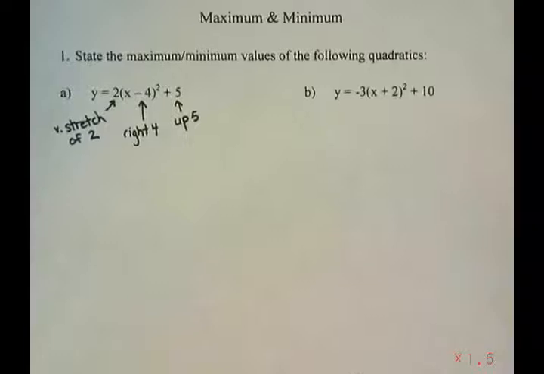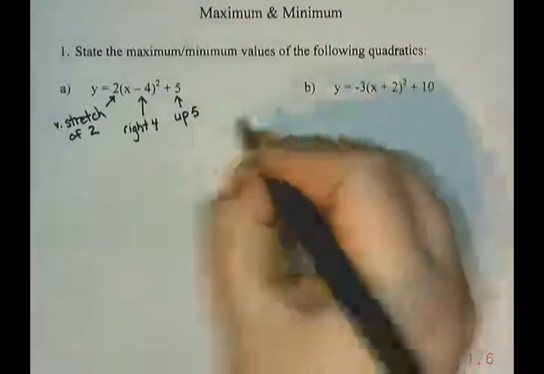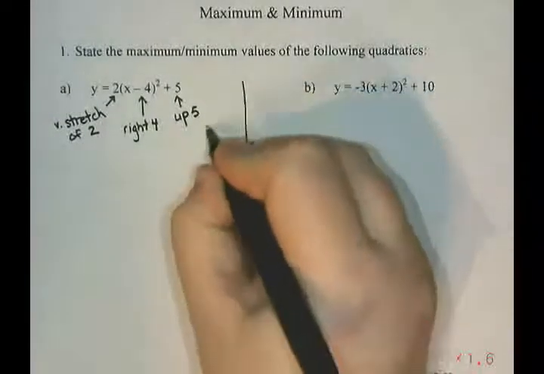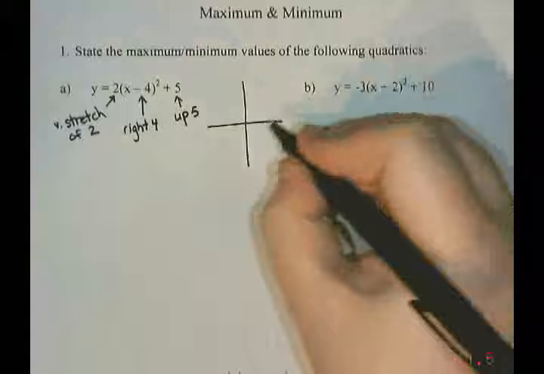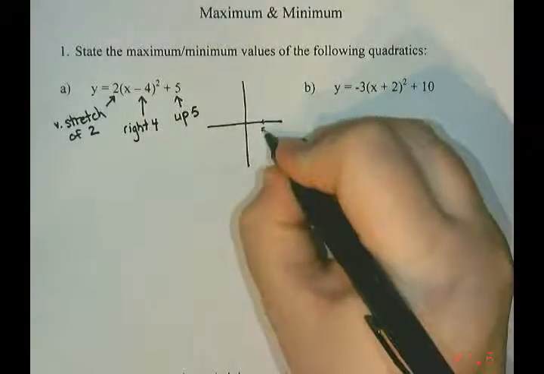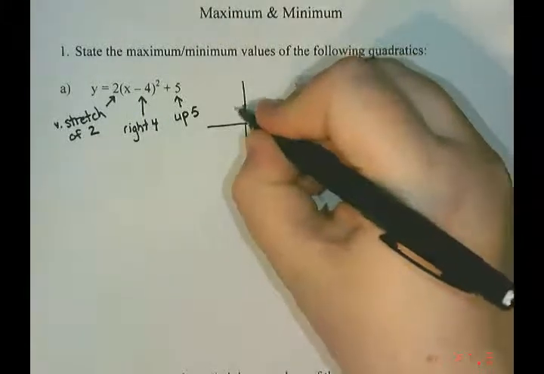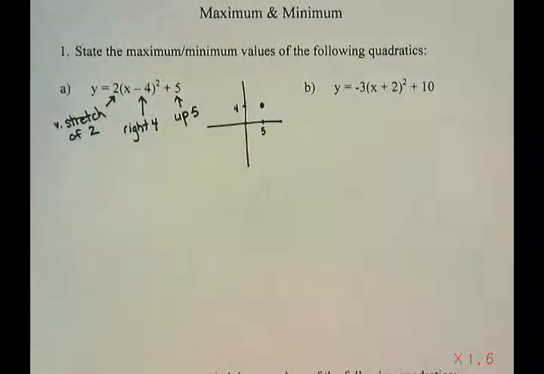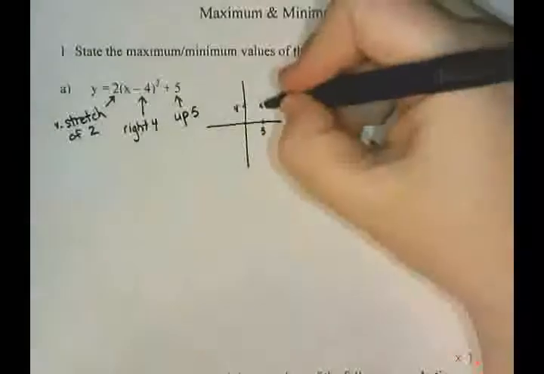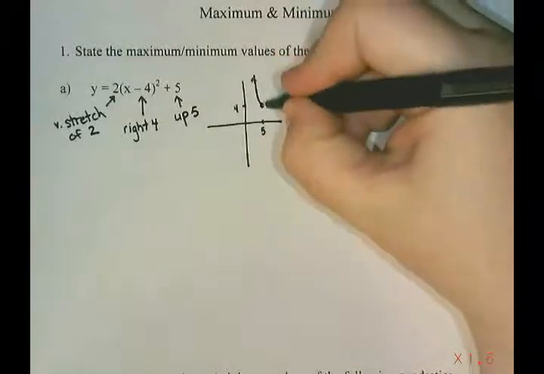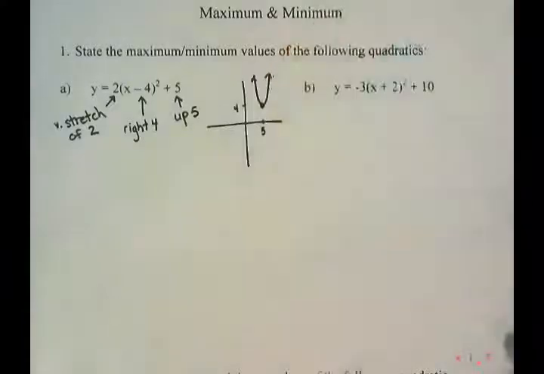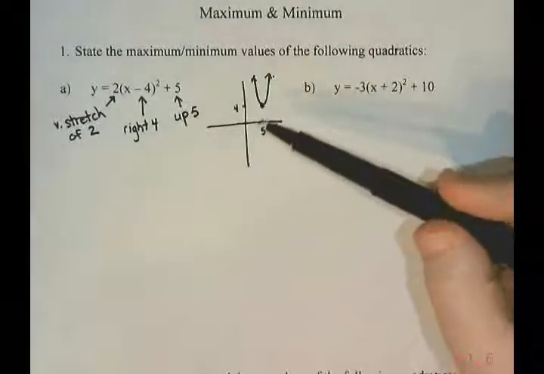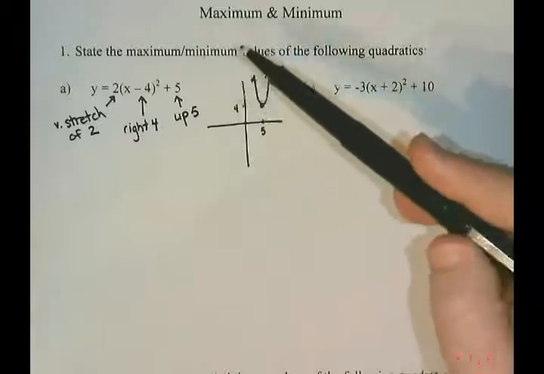Now, if I wanted to draw a very rough sketch of what this looks like, my graph is going to go to the right 4 and up 5, and that's where we would find the vertex. And then since it has a stretch of 2, it's going to be a little bit thinner, and it's going to be opening up. So if I take a look at this little picture here, does it have a maximum or a minimum?